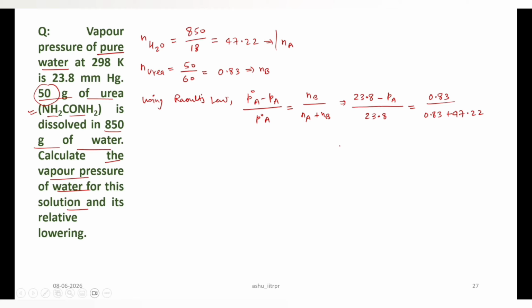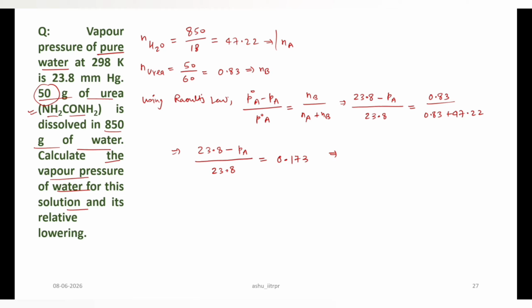When we solve this right part, we get 0.173. So from here we can calculate PA.